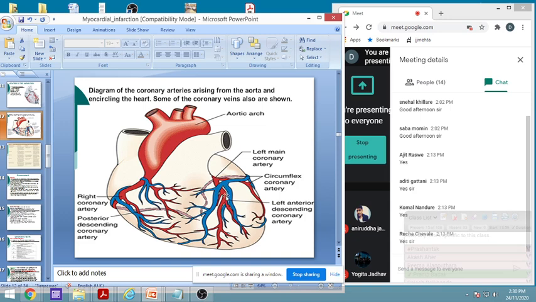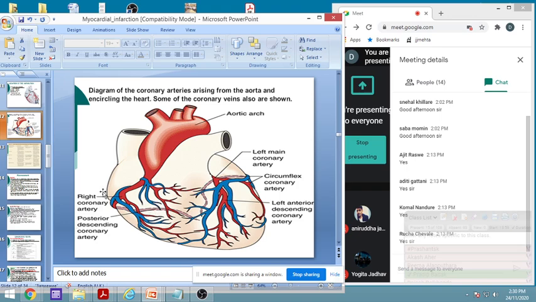This LAD is most prone because it supplies blood to the left ventricle of the heart, and it reaches to the apex of the heart. This is the most vulnerable. Now you can imagine on the heart, we shall see one by one. Then there is a posterior descending coronary artery.